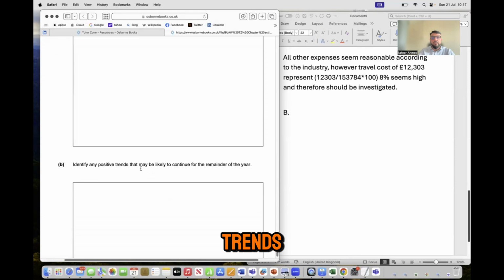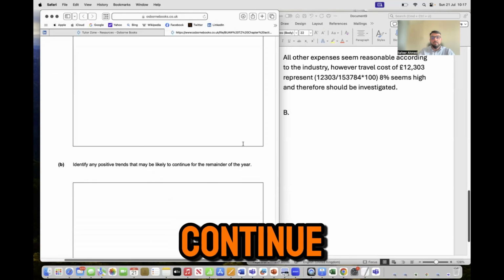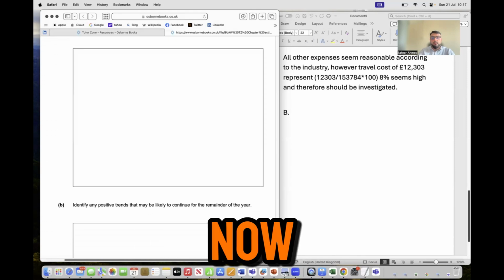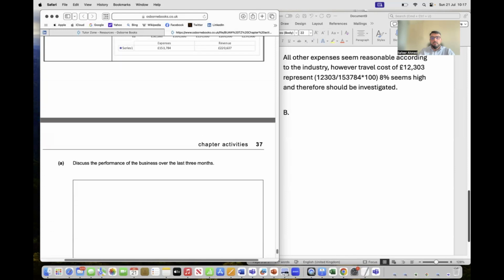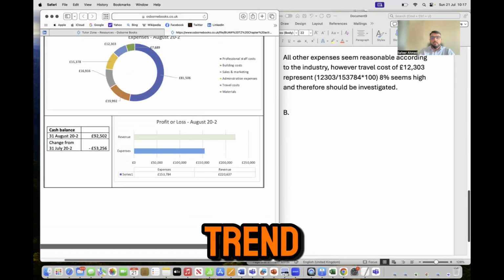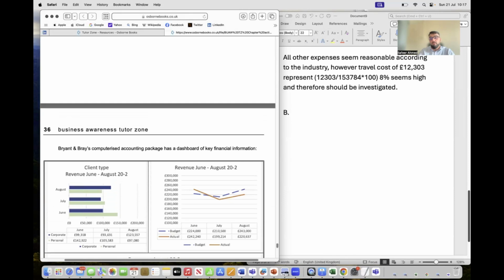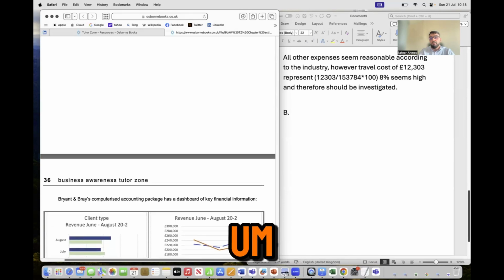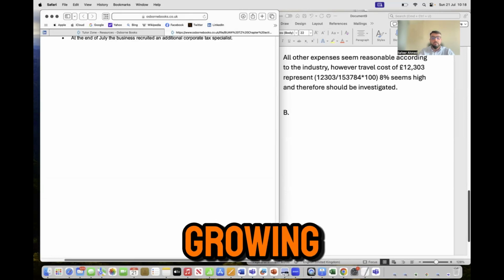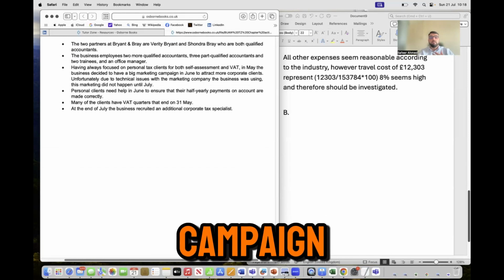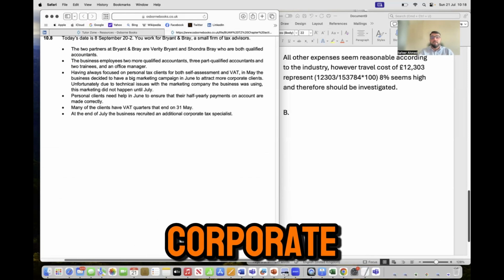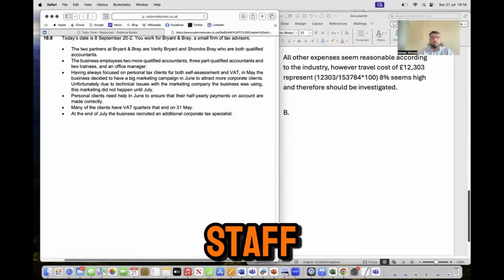Identify any positive trends that may be likely to continue for the remainder of the year. Now, if you think about it, one trend is that the corporate clients revenue is probably going to continue growing because of the marketing campaign and because of the additional corporate tax specialist staff recruited.